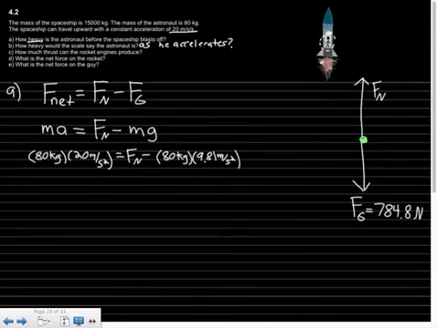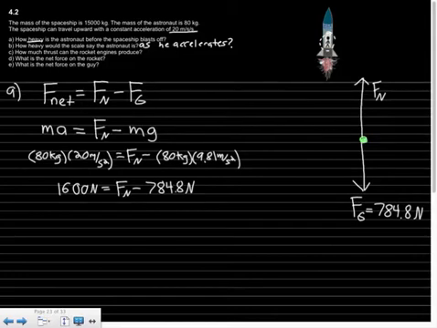So 80 times 20 is 1,600 newtons, equals the unknown force minus 784.8 newtons.